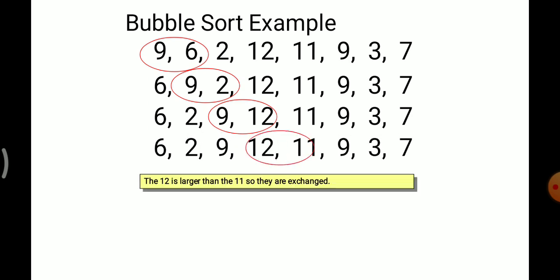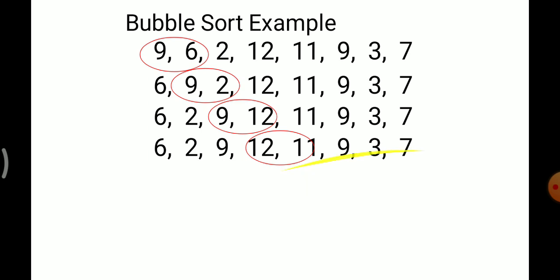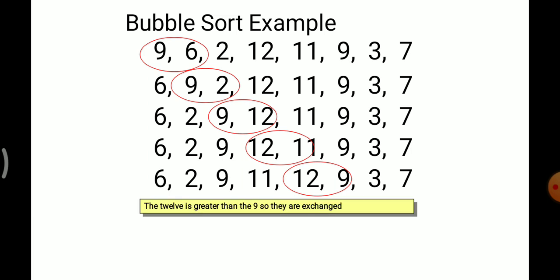Now the 12 and 11, the fourth and fifth elements, will be compared, and as you can see the 12 is greater than 11, so the exchange will take place. Now the 12 and 9 will be compared.